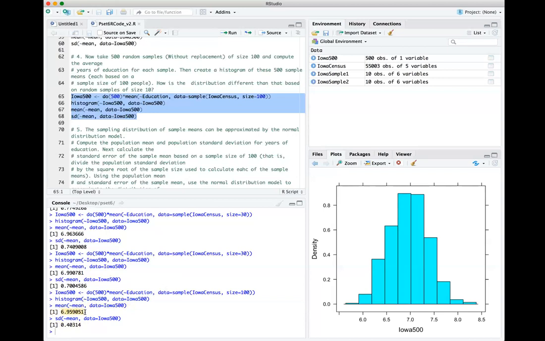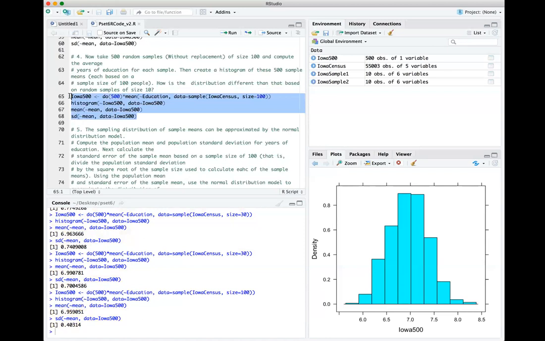I talked about this maybe in the first lecture, because when we talk about inference, our point estimate might jump around, but it's going to be estimated with some variability, some margin of error, some degree of confidence. And even though our point estimate is a little bit more off here than if we had a sampling distribution with a sample size of 30, we have a smaller standard error when we increase our sample size to 100.